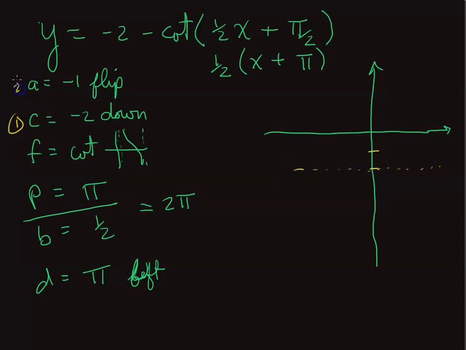Step 2. Well, it doesn't stretch it, but it does flip it. So don't forget to flip that thing. Step 3, pi to the left. Normally, the left side is right here at the y-axis. Now we're going to go pi units to the left and put that asymptote.